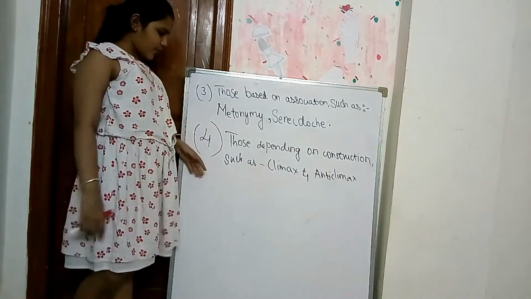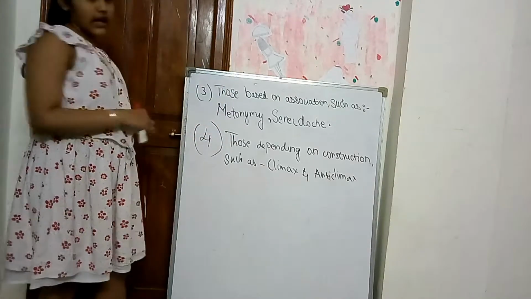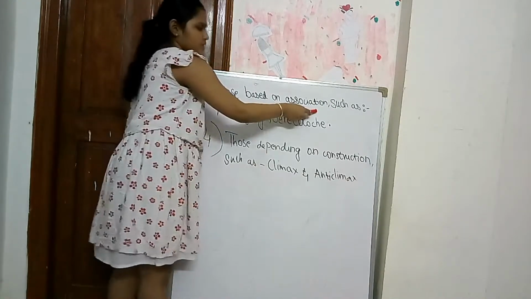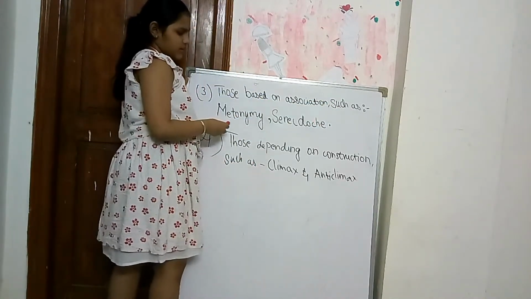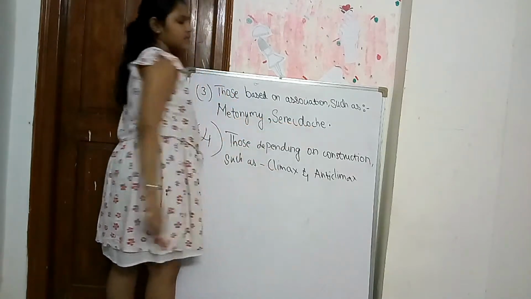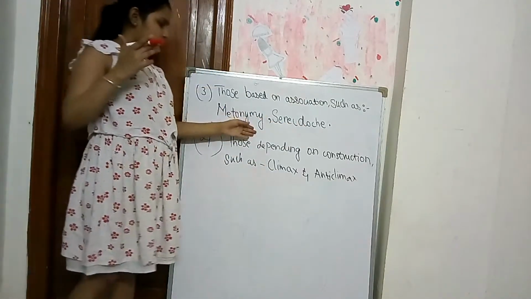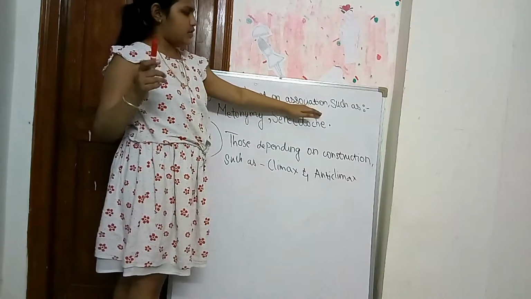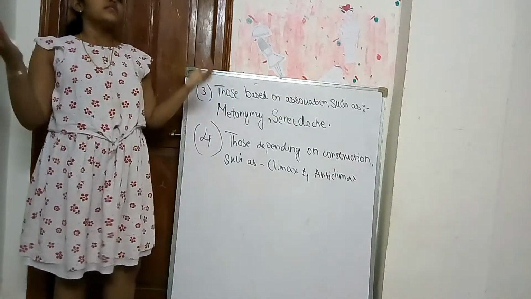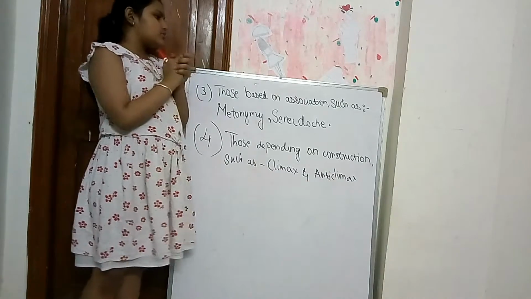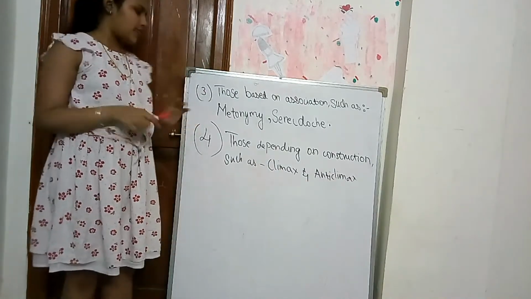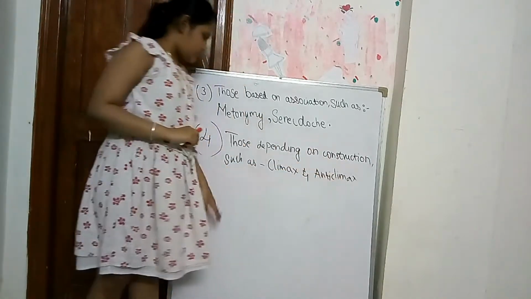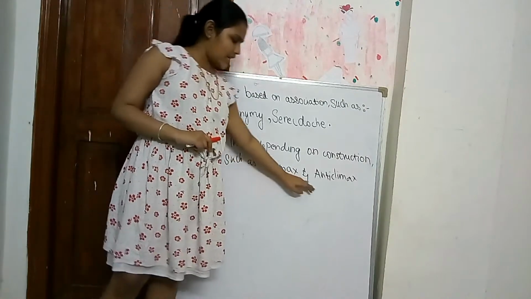This is the third and the fourth figure of speech classification. Let's read it out. Those based on association, such as metonymy and synecdoche. These two are based on association, which means togetherness. Then we have those depending on construction, such as climax and anticlimax.